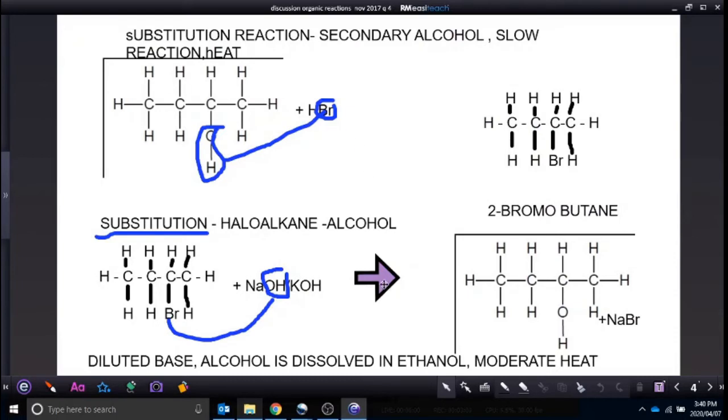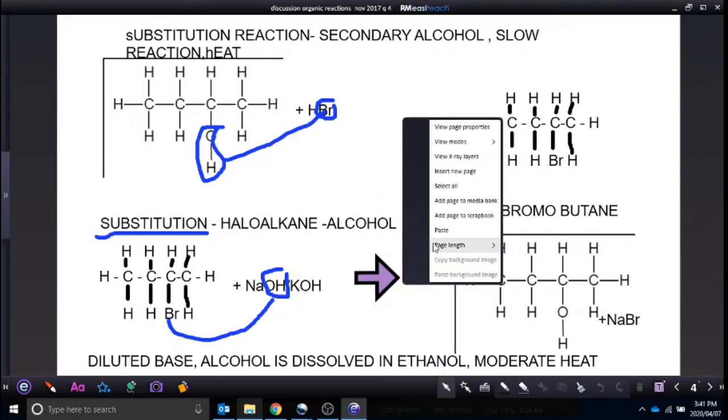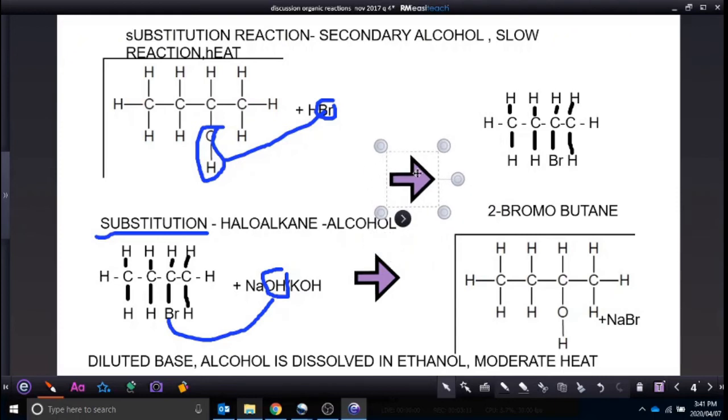If you have the reaction, you will see the alcohol will undergo a substitution reaction and it's hydrohalogenation. So what will happen is the Br and the OH is going to change spots. Okay, so it's substitution, it's a secondary alcohol, it's a slow reaction that takes place, and heat is added.